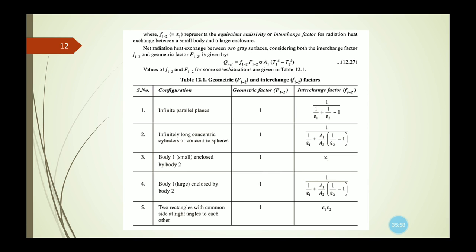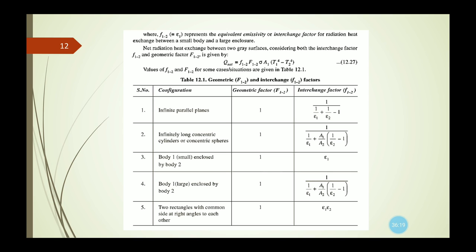Now for the fourth case, when body 1 is large and it is enclosed by body 2, the geometric factor F12 is equal to 1, and the interchange factor is equal to 1 by (1 by epsilon 1 plus a1 by a2 multiplied by (1 by epsilon 2 minus 1)).